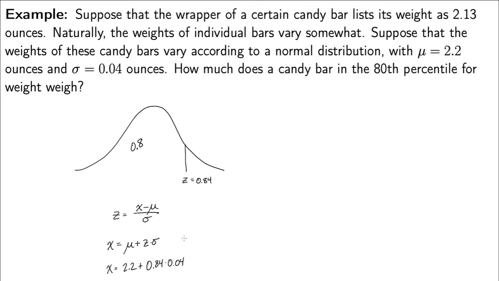Now notice that my answer here is going to be an approximation because I had to approximate that z-score. You can use software or online calculators to find that exact z-score, but we're not going to worry about that. So I get 2.2336, and this is in ounces.